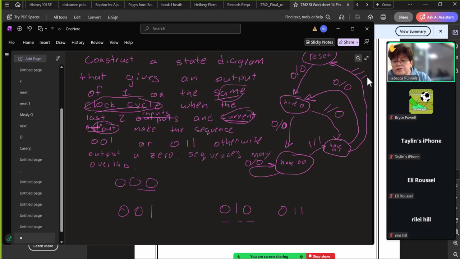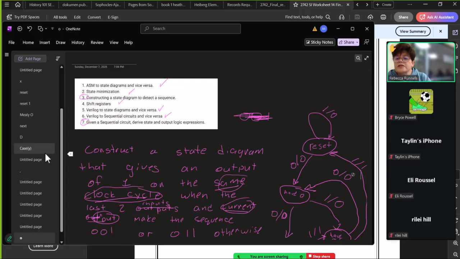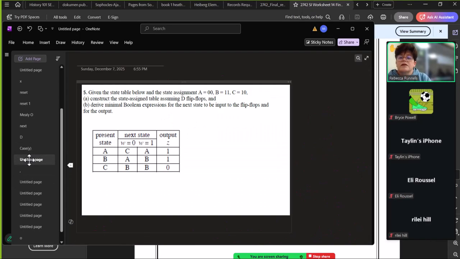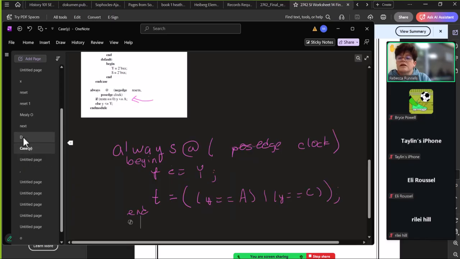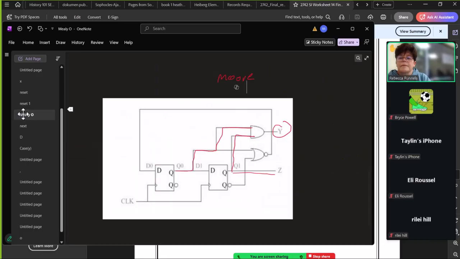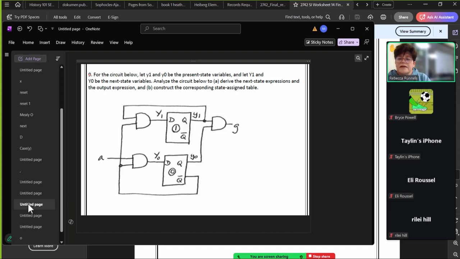All right, now let's do: given a sequential circuit, derive state and output logic expressions. Oh, that's the one that I said I didn't want to do. Okay, hold on. Yeah, I can't find it.